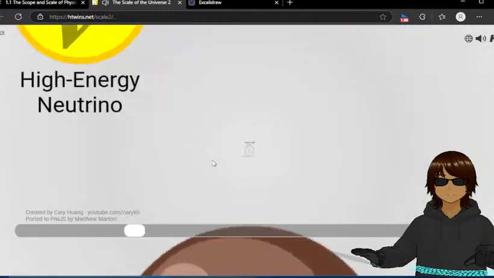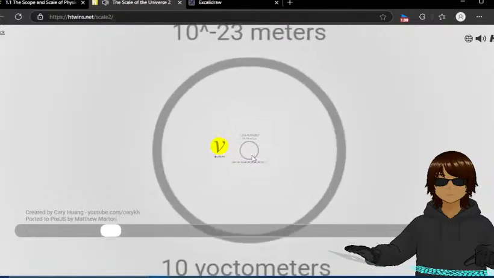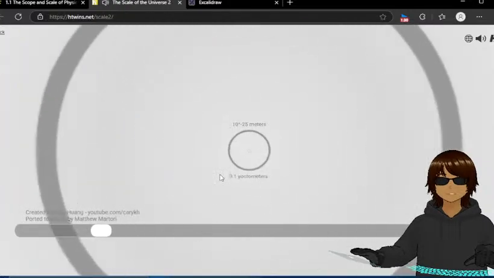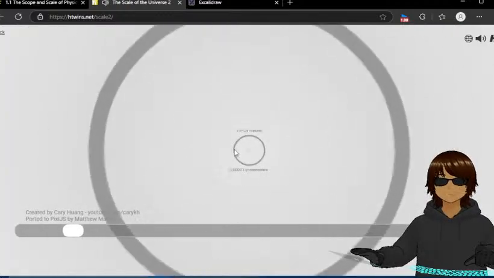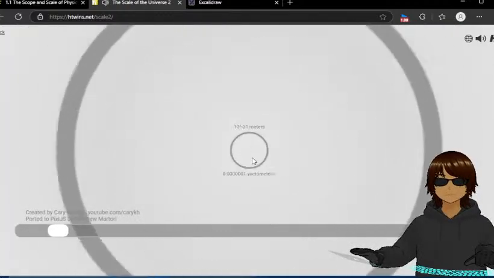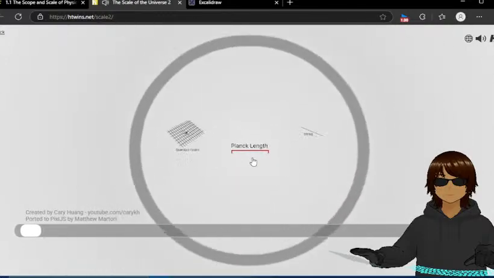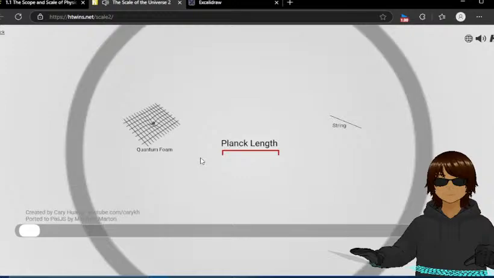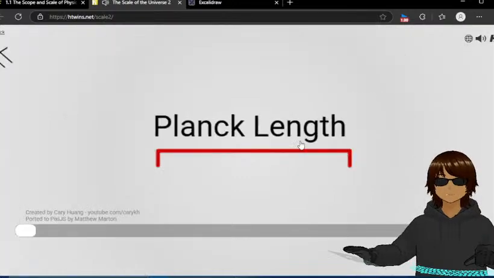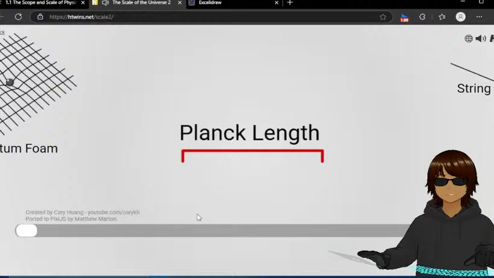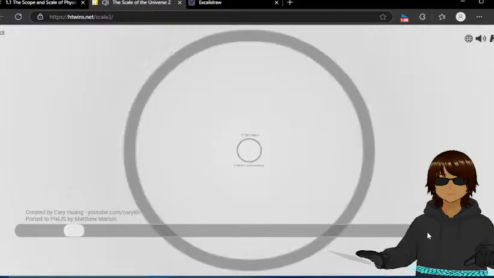How do we figure all of this out? Top quark, neutrino. Is there nothing here? Planck length, quantum foam, string, octometers.